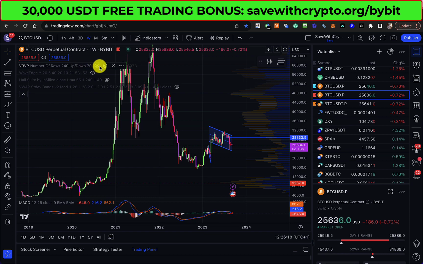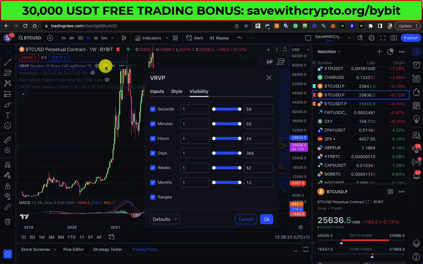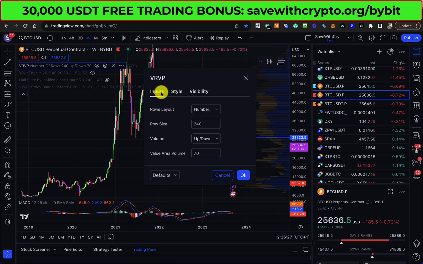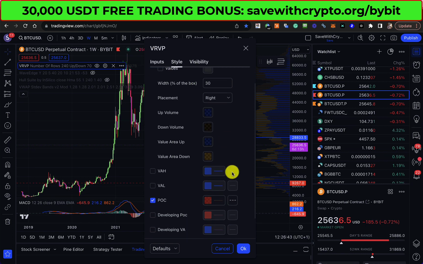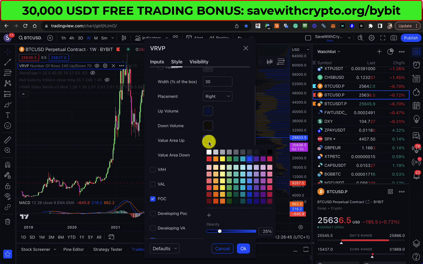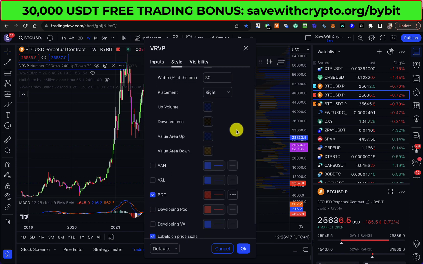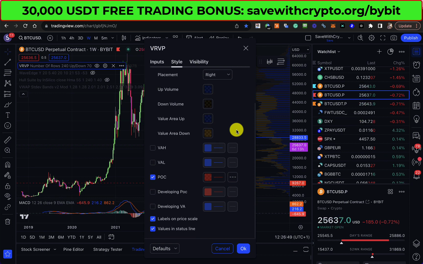You might want to do that, you might not, because I normally find it too bright and in your face. So visibility I haven't touched. Inputs I have touched. I changed the row size from 24 to 240, just put a 0 on the end, just to show a bit more detail in the histogram. The style, what I've done is I've changed these opacities here to about 25%, because I just want it to be less in your face, like I said.